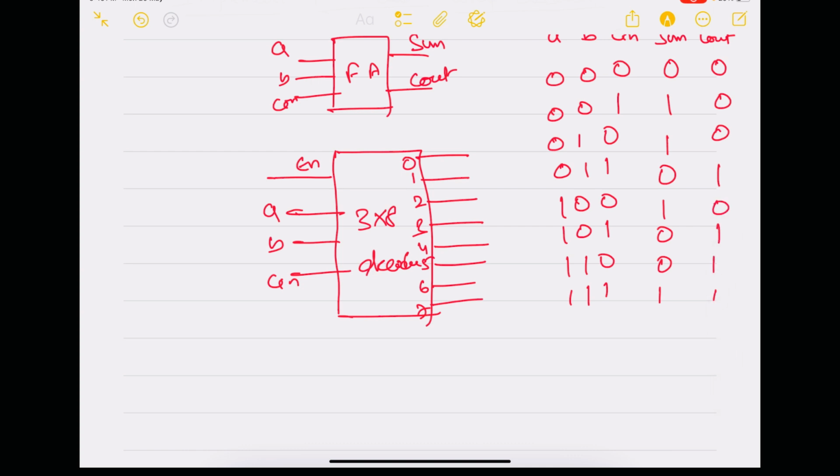Correct? So you see here what we have to do is simply, sum is 1 at 1, 2, 4 and 7. You give these to an OR gate. So this will be equal to sum.